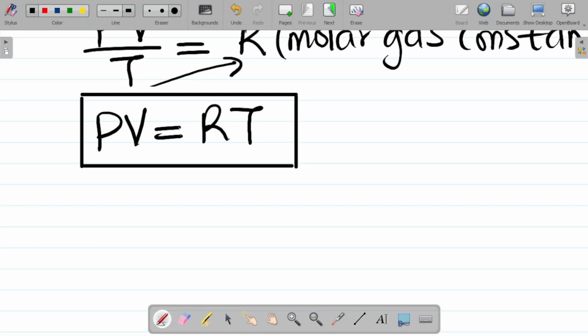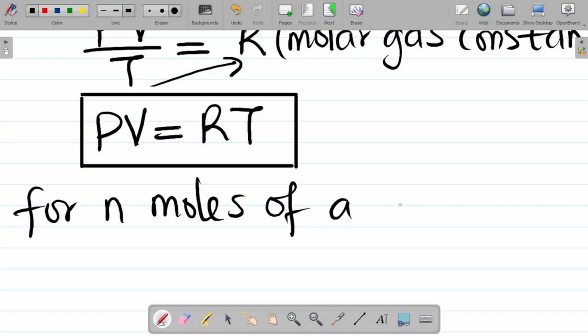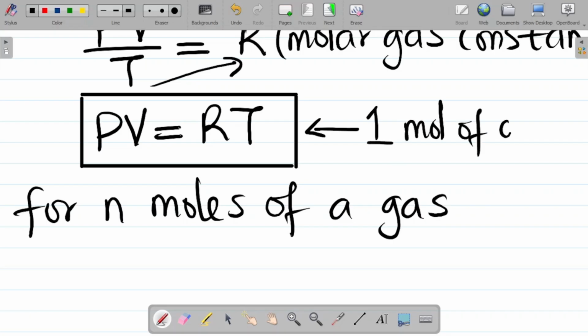What if I have multiple moles, or n moles, of a gas? This is the ideal gas equation for 1 mole of a gas. What if I have more than 1 mole or less than 1 mole of a gas? What would be my equation?